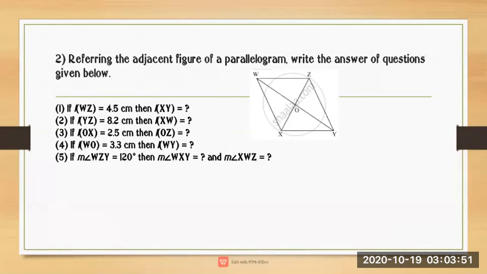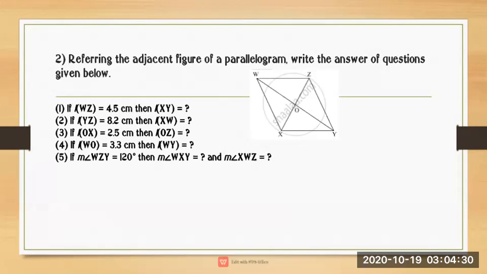Last point. If measure of angle WZY, you can see where WZY is, equals 120 degree, then angle WXY equals question mark. They are asking for WXY and XWZ.